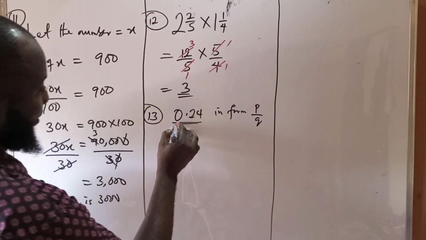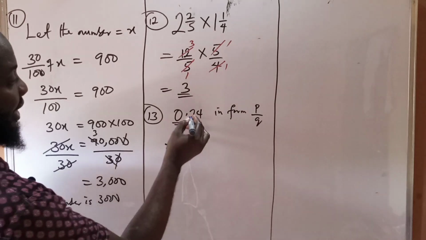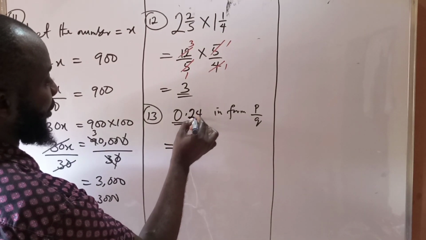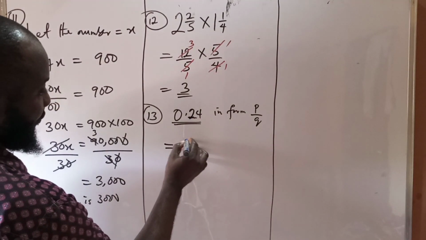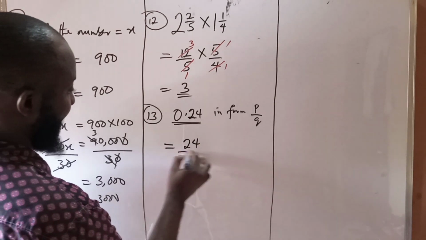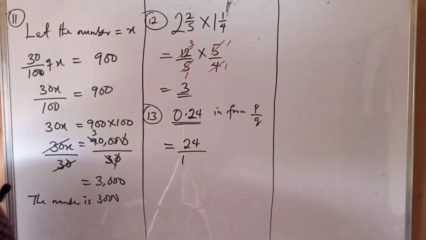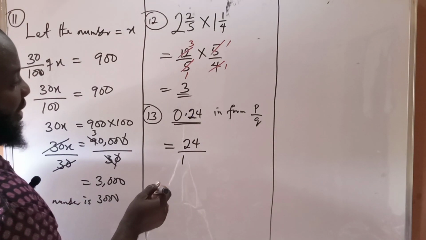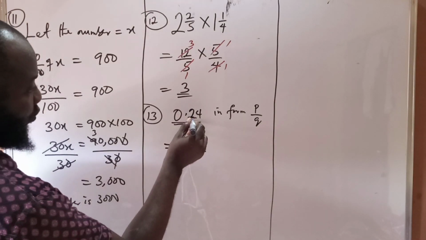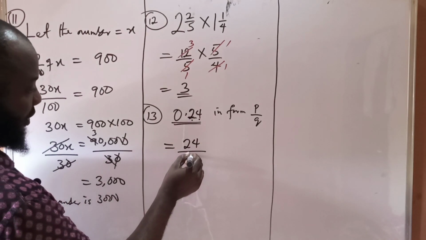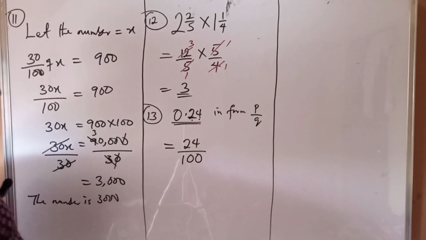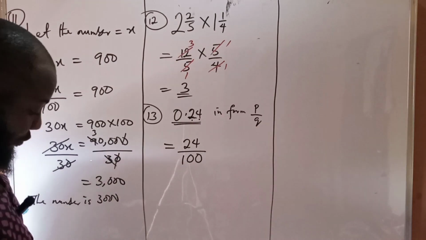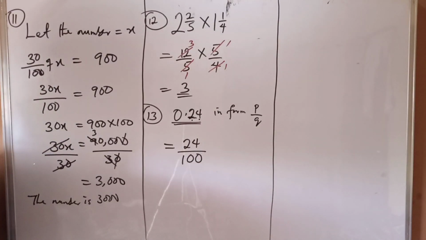Changing decimal to fraction is one of the simplest. So let's pick the whole number we have here, which is 24, divided by 1. The next stage is, how many digits do we have after the decimal point? We have 1, 2. Add 2 zeros to it. That gives us 0.24 has changed to 24 divided by 100.